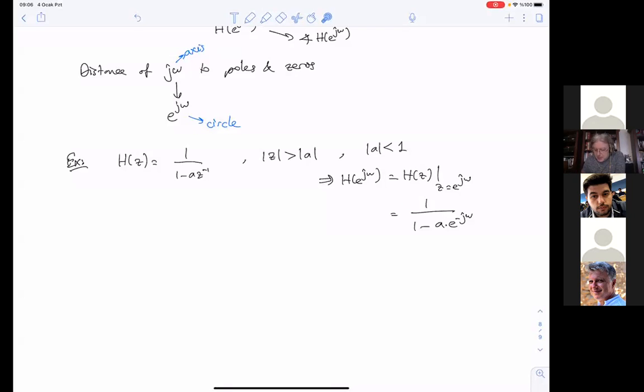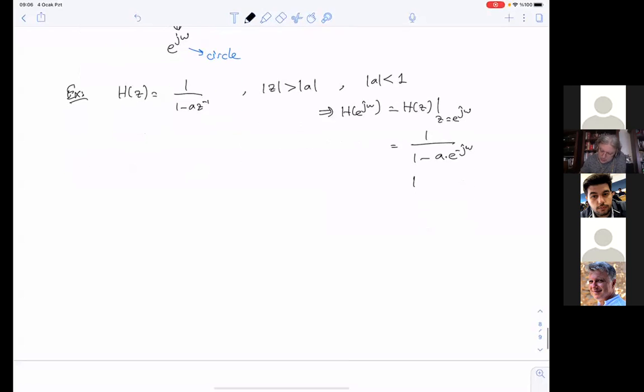Now, the problem here is it's very difficult to find the magnitude, for instance, from here. But you can do that. If you are good at mathematics, you can say that it's equal to the square root of H of e to the j omega times H conjugate of e to the j omega.